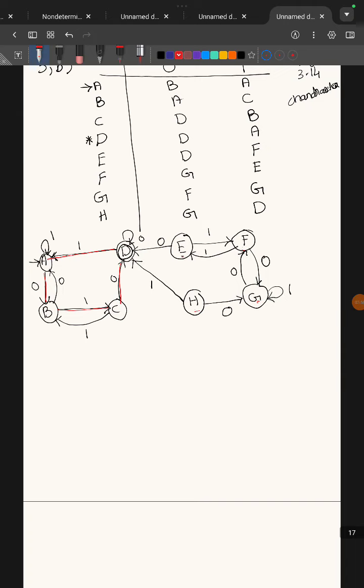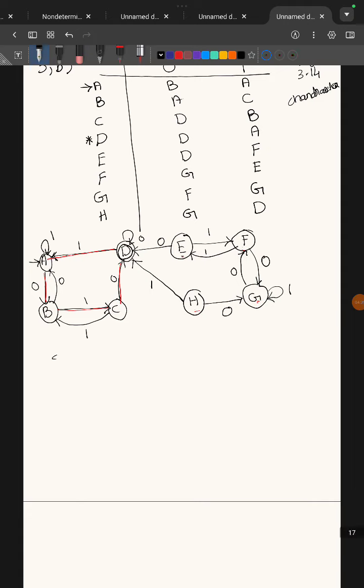E, F, G, H have outward transitions going to D, but there is no inward arc for them. Then how can we reach E and H? If there were an edge from D to E, then all the states would be reachable, but there is no arc from D to E such that we can reach E, F, G, H. So all these states are unreachable.